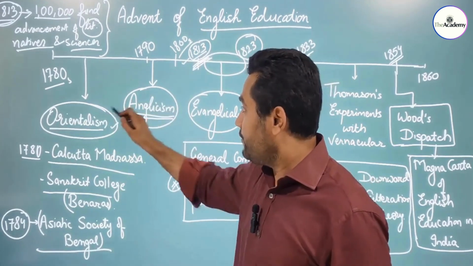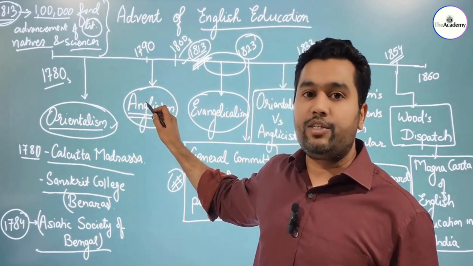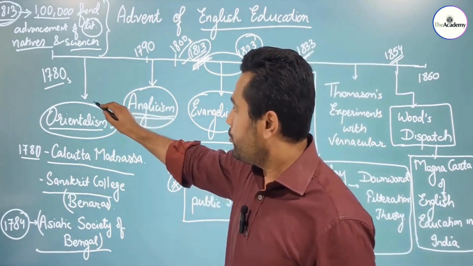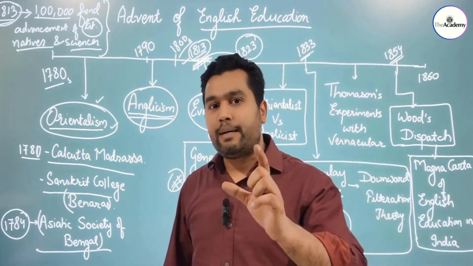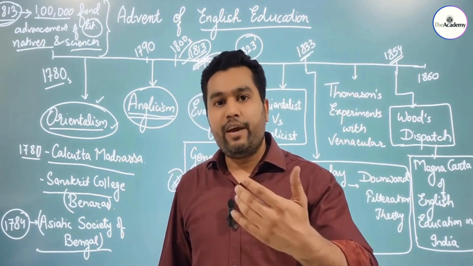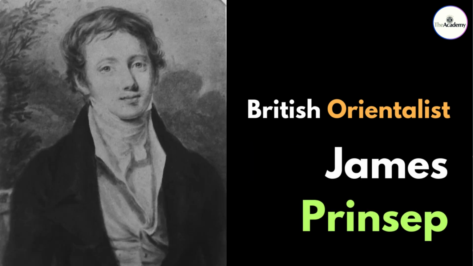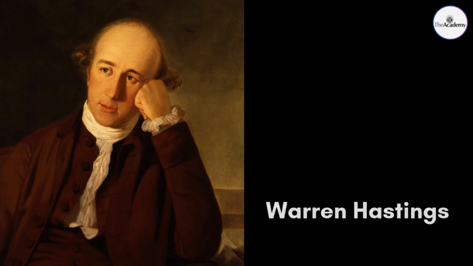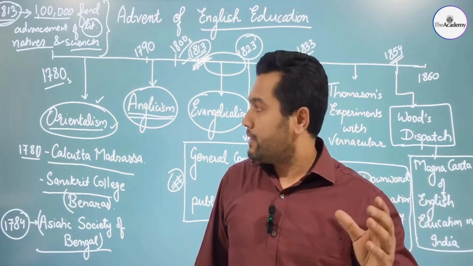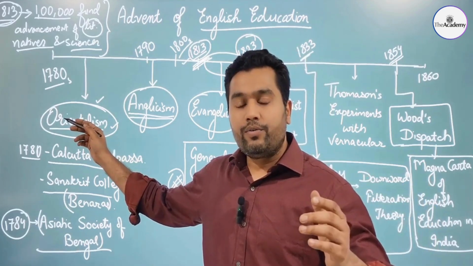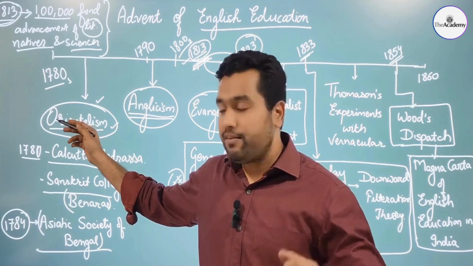Because we see that two distinct scholastic traditions had already been established. The Orientalist tradition had been established with the efforts of Sir William Jones, James Prinsep, Warren Hastings, and we can say Charles Metcalfe.